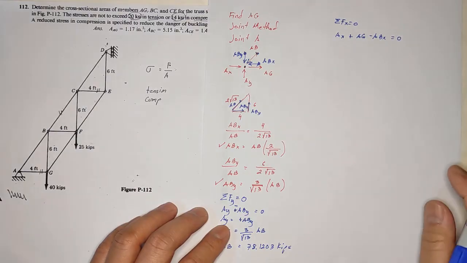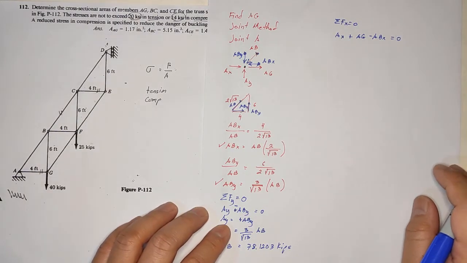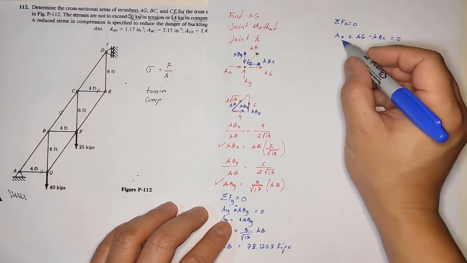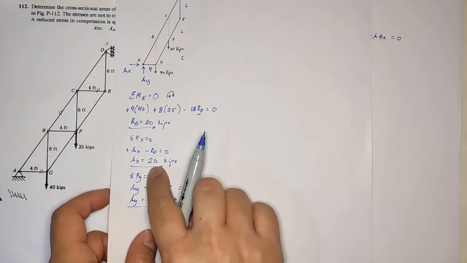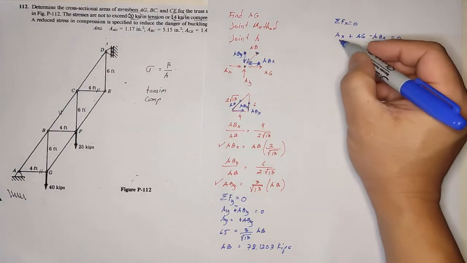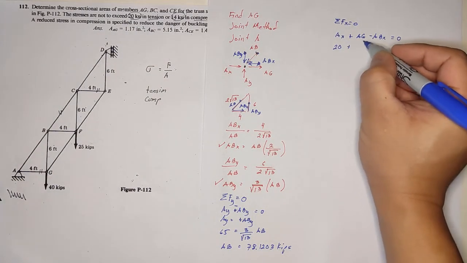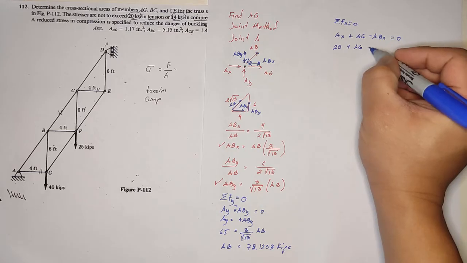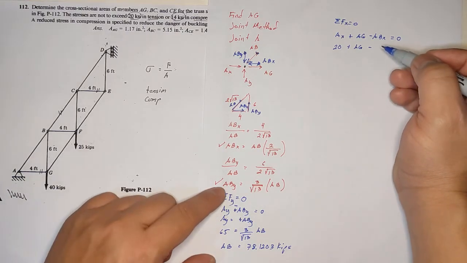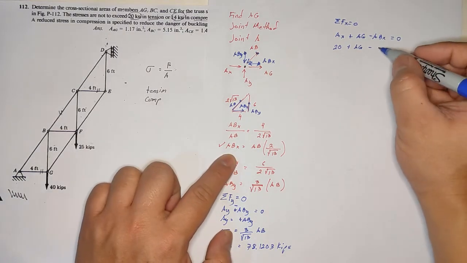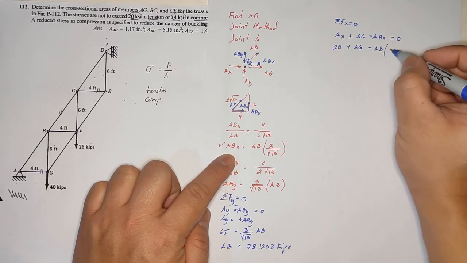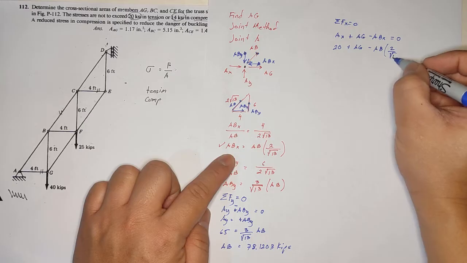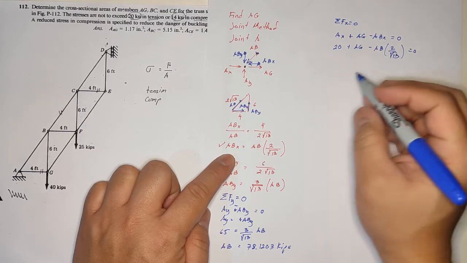That is 0. Okay? Now, AX, from our previous computation, it's 20. So, this one is 20 plus AG, the unknown, minus ABX. ABX is this one. So, that is AB times 2 over square root of 13 equals 0.